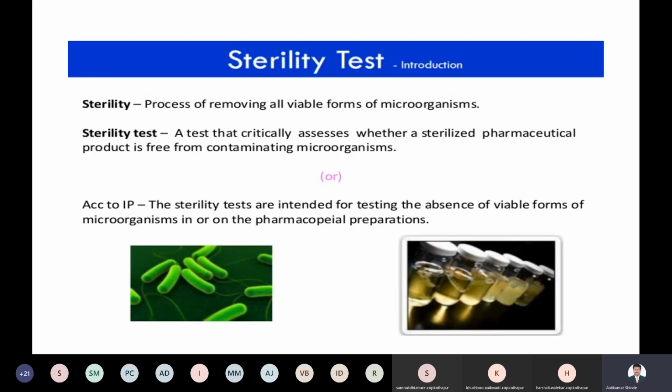If you prepare creams and apply them to the skin, and the cream is contaminated with organisms, it will cause infection to your wound or your skin. So all pharmaceutical products should be free from microorganisms.